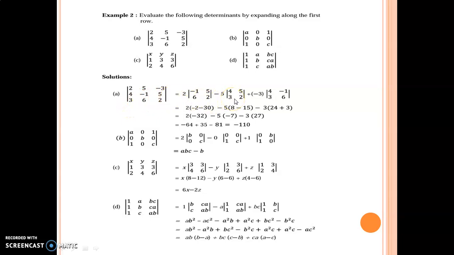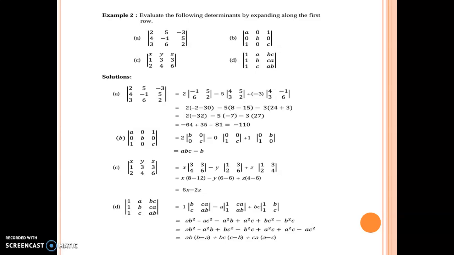Again, we can solve its determinant. 4 into 2 is 8 and we'll subtract 3 into 5, that is 15 from it. Again, A13 entry is now -3. We'll write it down, solve the corresponding determinant and add this in the previous result. So the overall value of the determinant will come out to be -110.